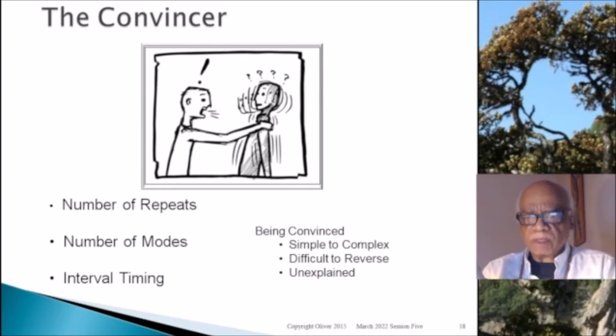The unexplained shrugging shoulders, oh, I just don't know, or a gut feeling or something like that. This tells you right away that there's a big subconscious component here. It also tells you that this person, including yourself, may be easily manipulated if you are unaware of what things influence you to make decisions.